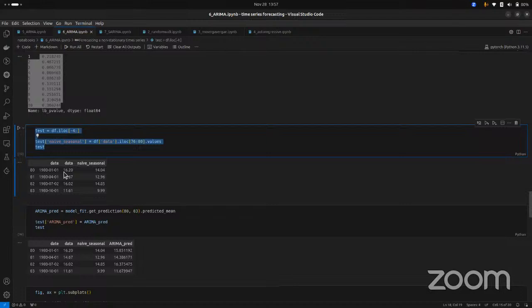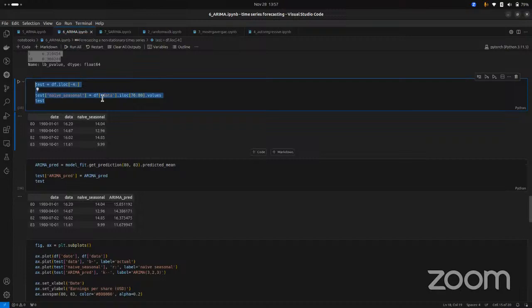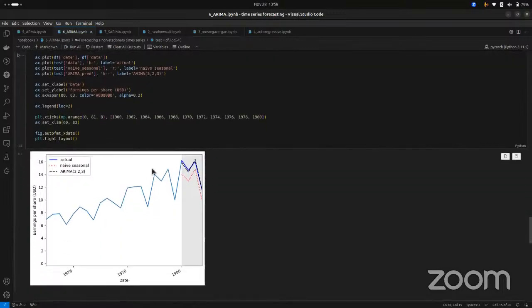And so what we're going to do now is we're going to get our test set, and naively create a naive solution, right? Naive solution of it. Just get the last values and just put that there, right? That's the naive solution. We're now going to use our model to predict on the remaining values, right? And we're now going to insert that into the series. Now we're going to plot the difference.